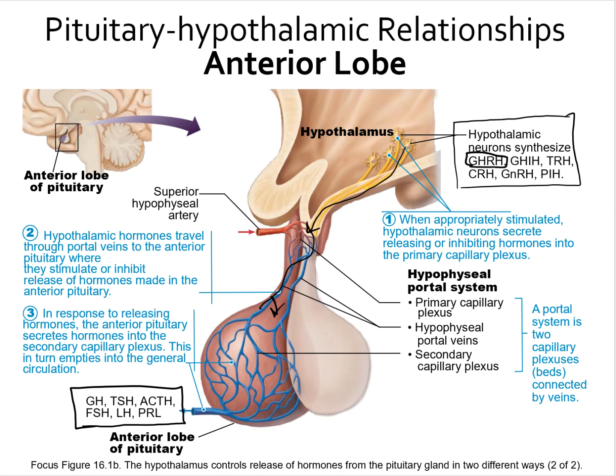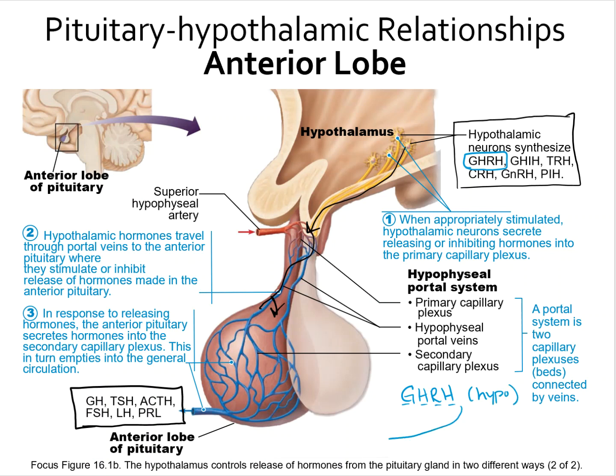So for example, GHRH, let's just use this one for an example. Let's use a different color. Black is boring. So here's our GHRH, and I'm just going to draw it down here. GHRH is a hormone, growth hormone releasing hormone. This is produced in the hypothalamus, so I'm just going to write hypo here.